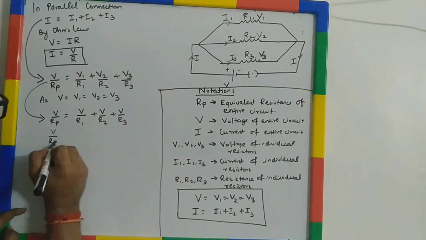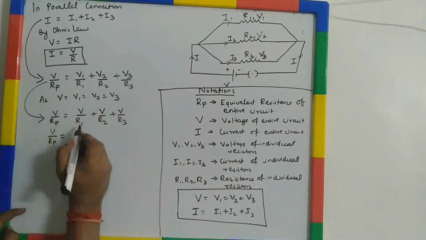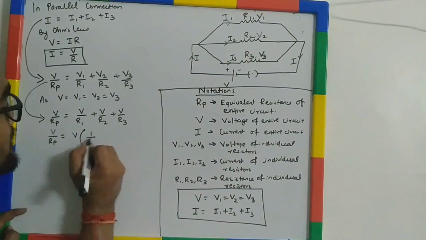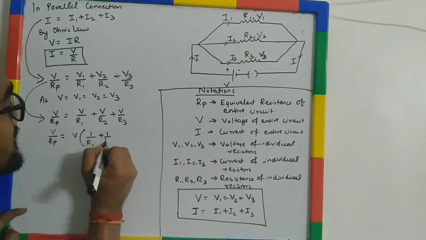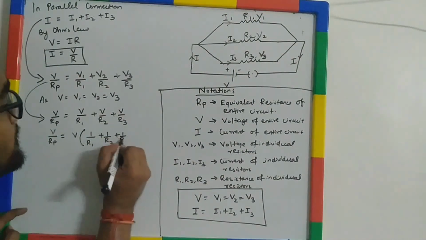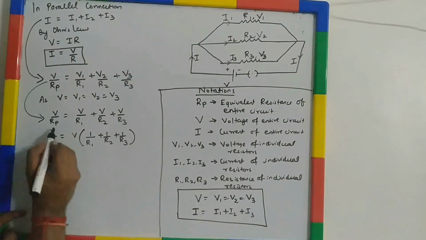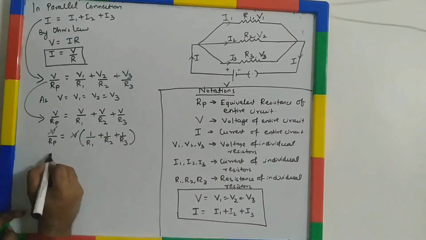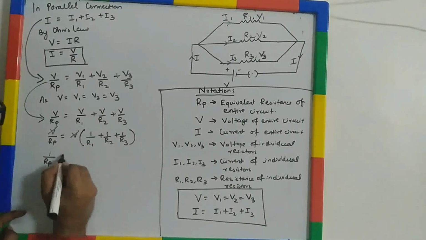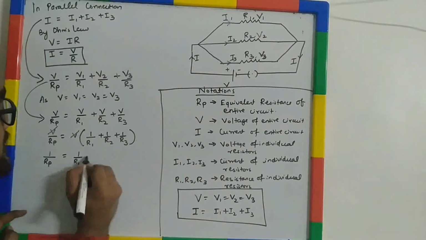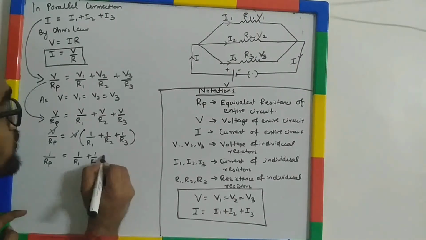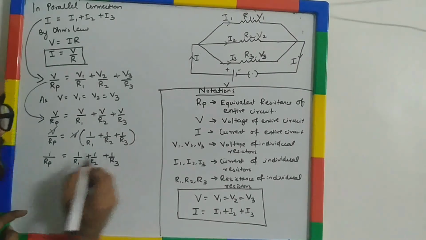Now, by taking V common from the right hand side, we get V into 1 upon R1 plus 1 upon R2 plus 1 upon R3. We can cancel V from both the sides. After cancelling V, I got 1 upon Rp is equal to 1 upon R1 plus 1 upon R2 plus 1 upon R3.